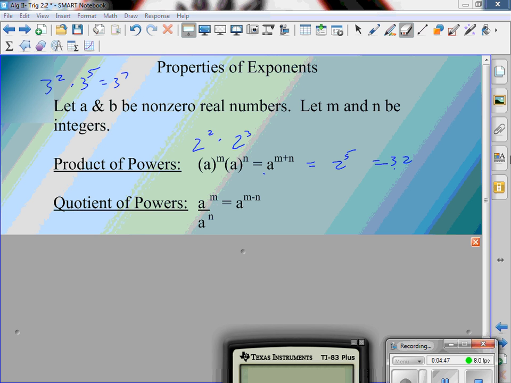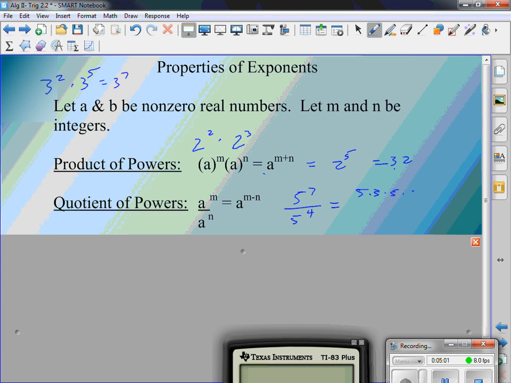To give you numbers so you get a better understanding, if I have 5 to the 7th divided by 5 to the 4th, how many 5's are actually on top? 1, 2, 3, 4, 5, 6, 7. How many 5s are on the bottom? 1, 2, 3, 4. These are going to cancel out.